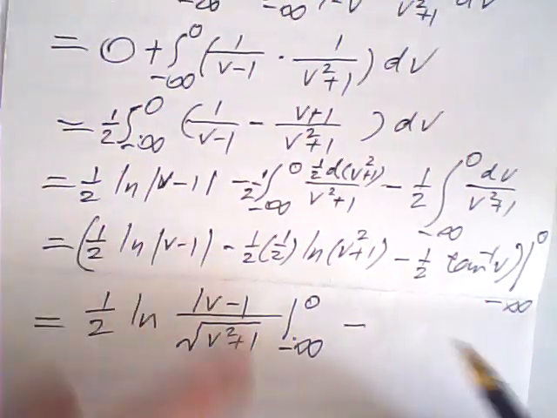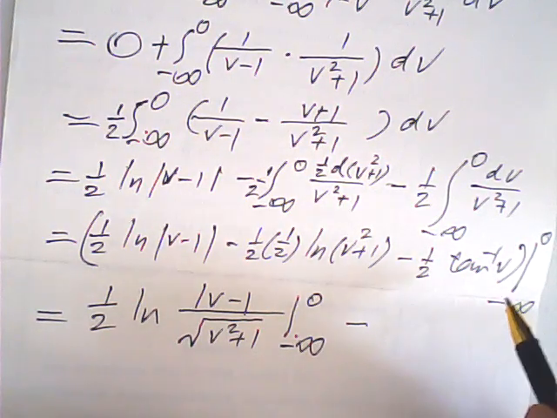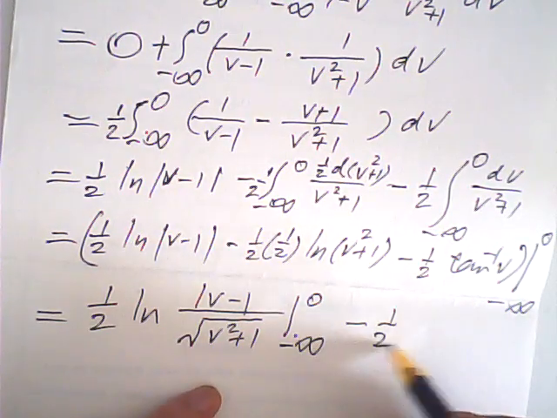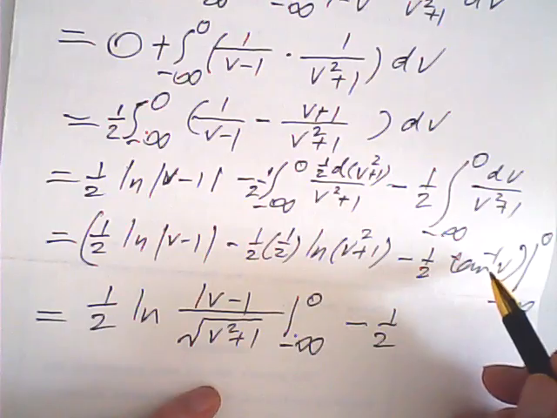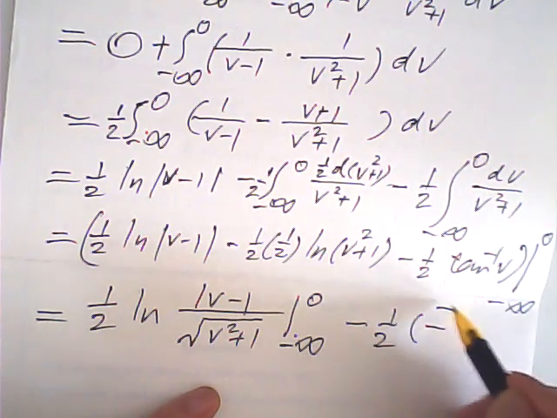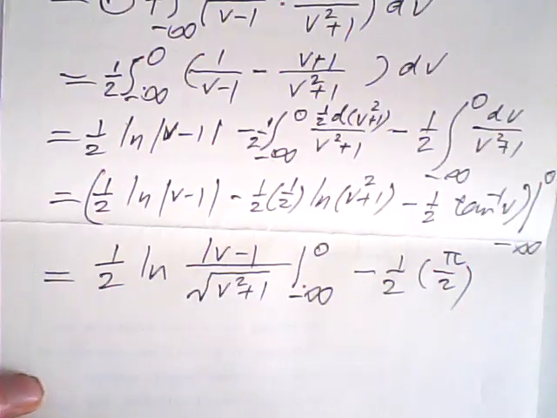This one is minus 1/2. This is 0, and this is negative 1, negative half pi, so it becomes positive again.